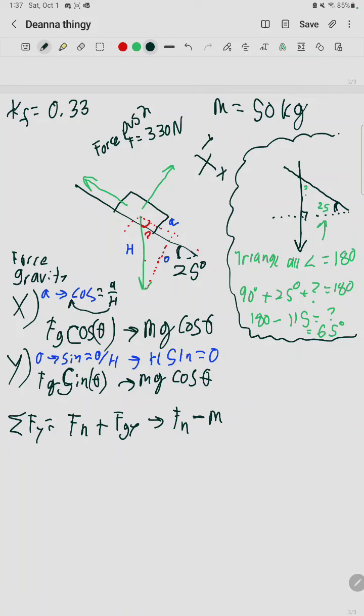No, sorry, that should be sine. Mg sine theta. Given that you're not moving in that area, your total acceleration is 0. So then that's equal to 0. So then your normal force is equal to your y component of gravity.